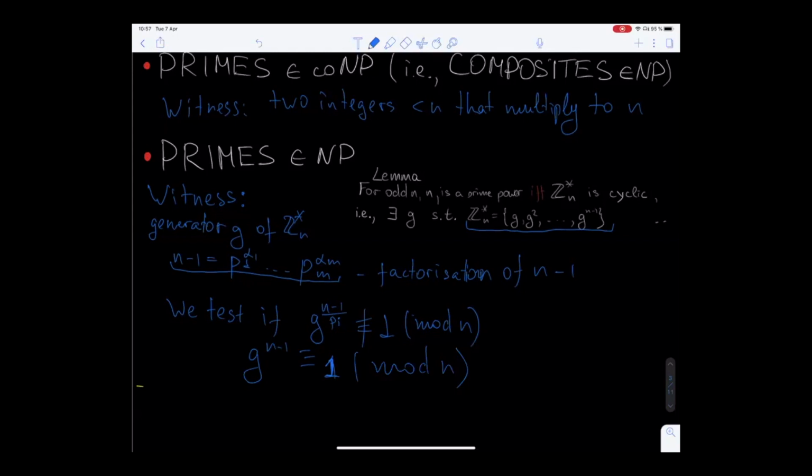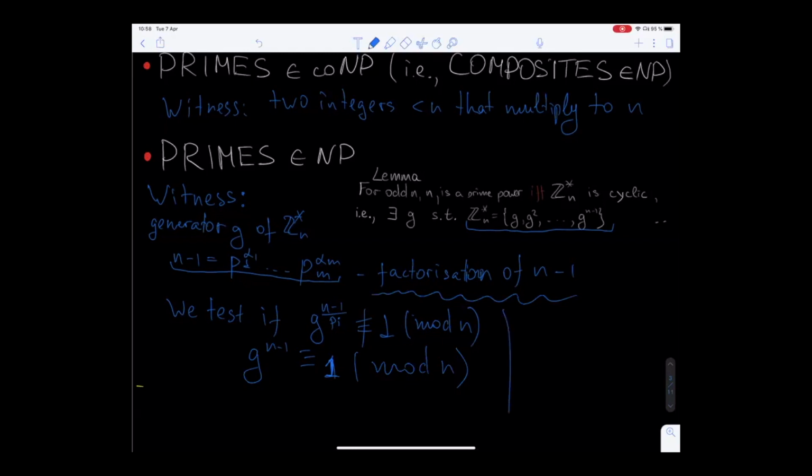And this proves that g is indeed a generator, and thus we can conclude that n is prime. Well, the nuance here is checking that this is indeed a factorization, and checking that requires a certificate of the same form for each pi.